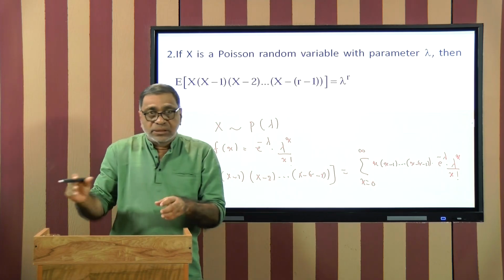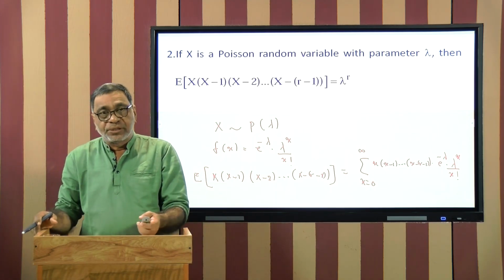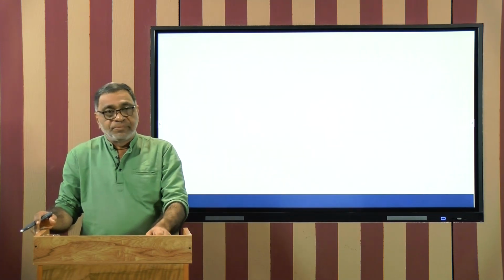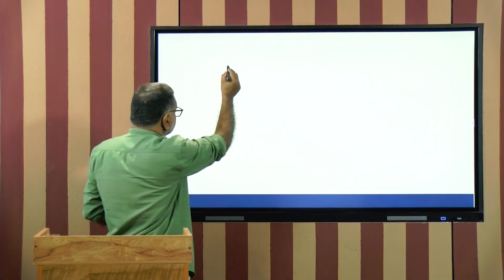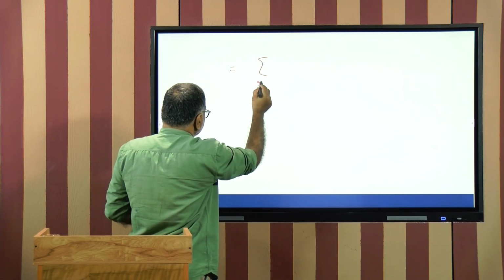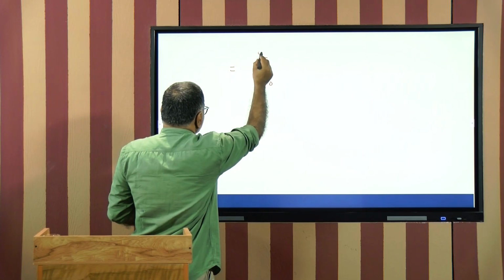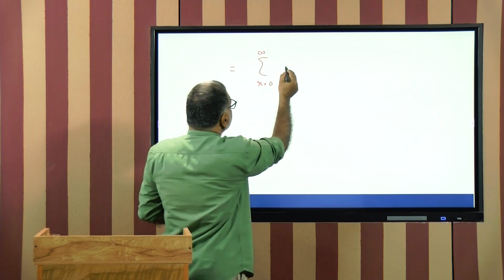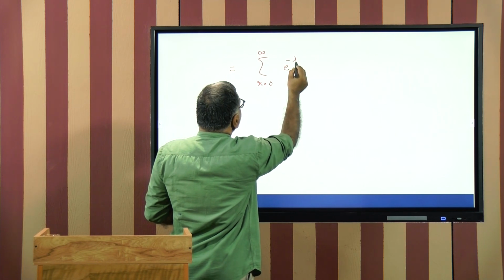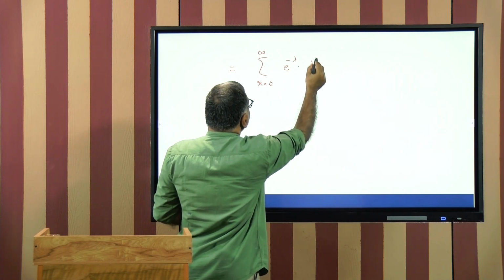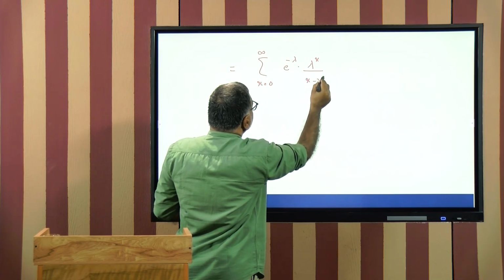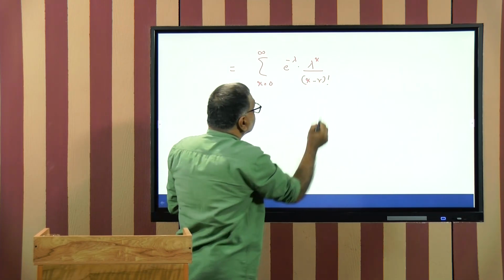And next is how this expression is modified. This is equal to sigma over x, 0 to infinity, e power minus lambda, lambda power x divided by x factorial. The x factorial common factors are cancelled.